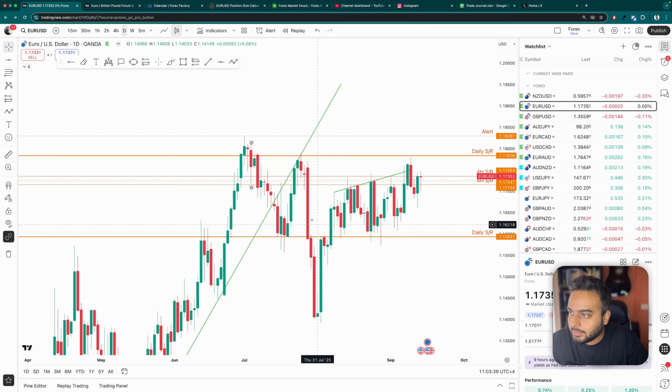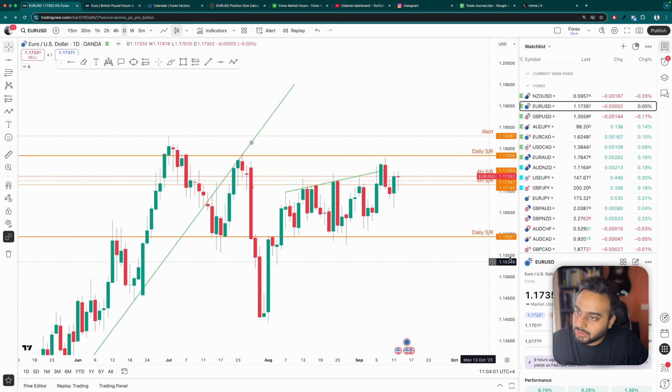So currently, if you see, the price movement right here was really great, but in recent times there is a lot of consolidation. This started on 27th August 2025 and has continued till 12th September. So the price action doesn't look so good.